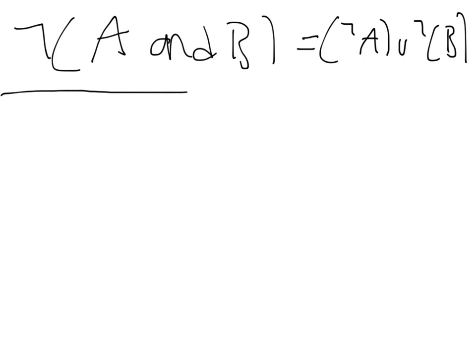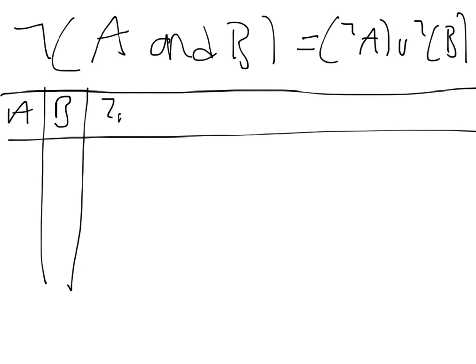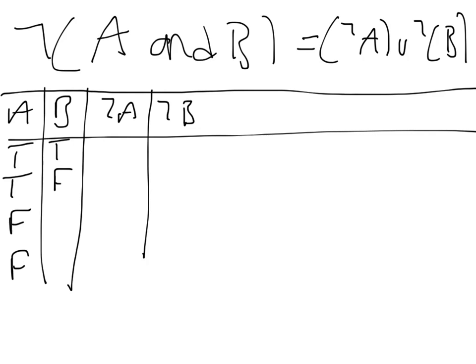We're going to start off with our truth table. We're going to have A and B, then our not A and not B. We're going to have A as true, true, false, false, B as true, false, true, false.